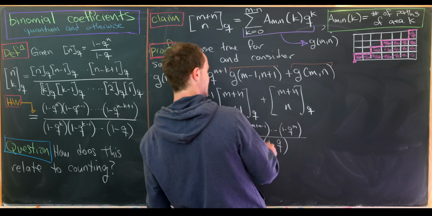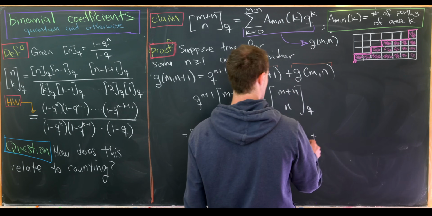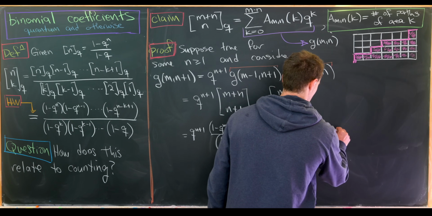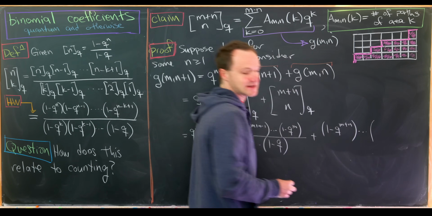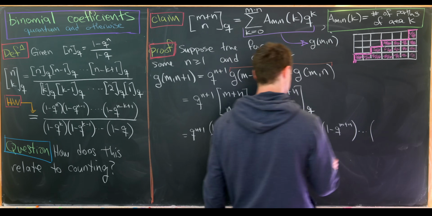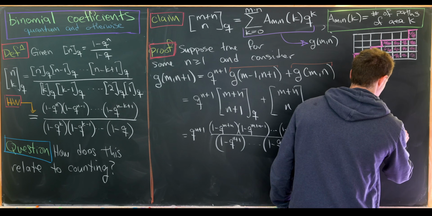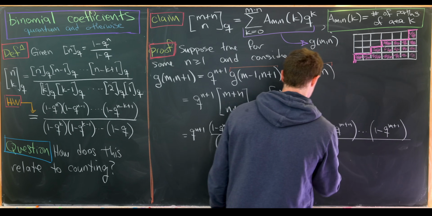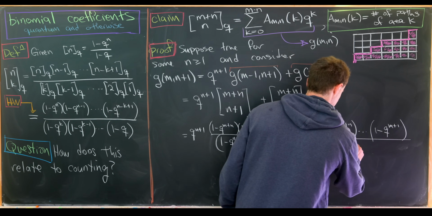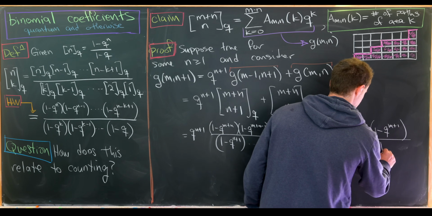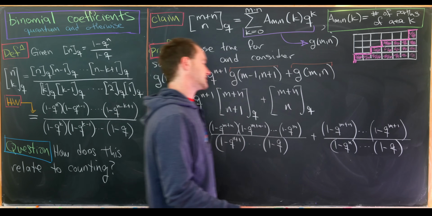And for this second q binomial coefficient, we'll have something like 1 minus q to the m plus n, all the way down to 1 minus q to the m plus 1, and then this is all happening over 1 minus q to the n, all the way down to 1 minus q. Great.